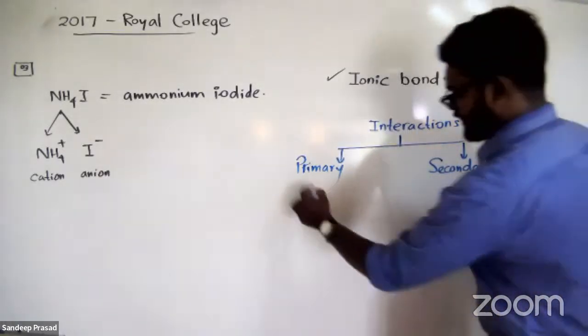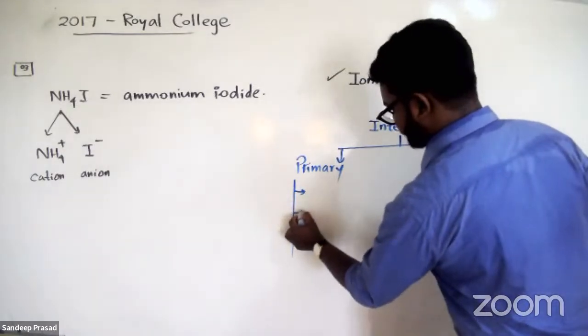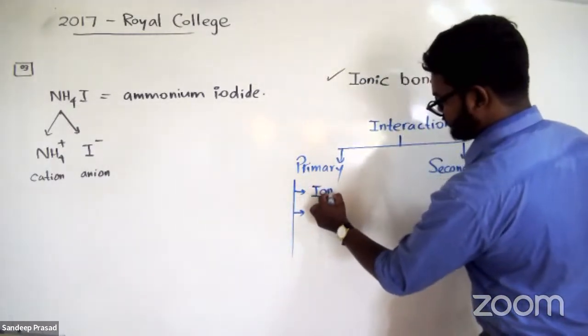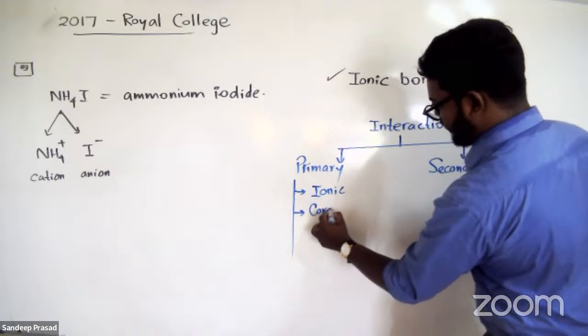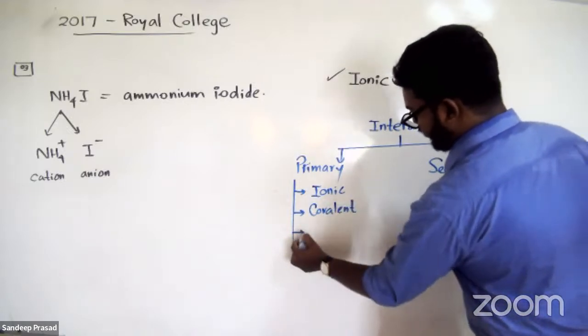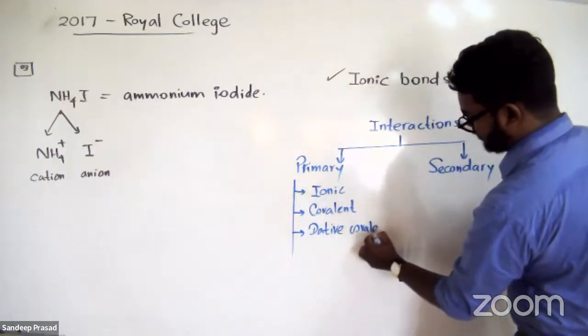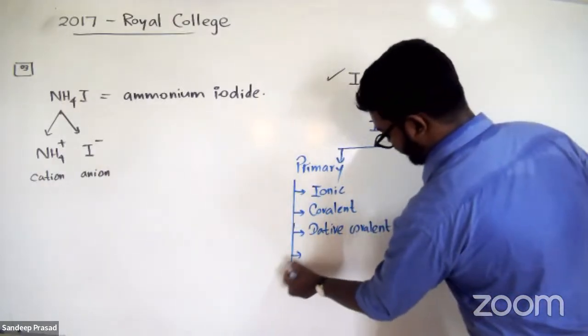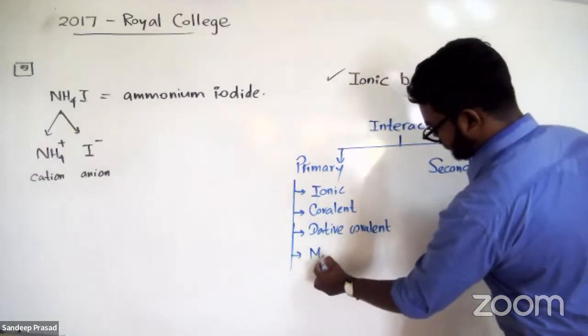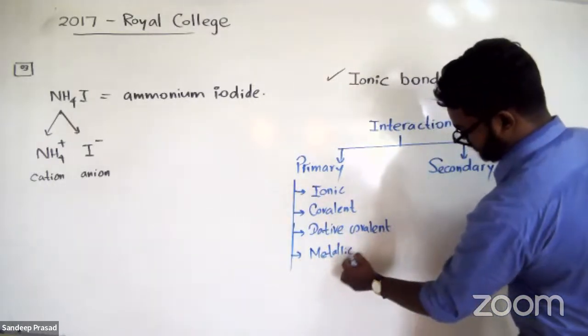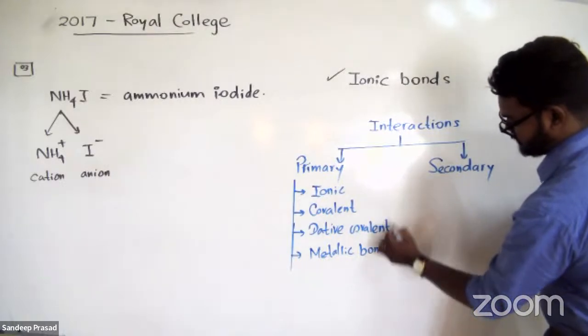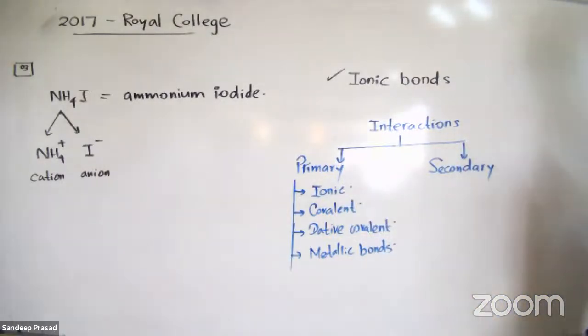There are four types of primary interactions: ionic bonds, covalent bonds, dative covalent bonds, and metallic bonds. So these are the four types of primary bonds.